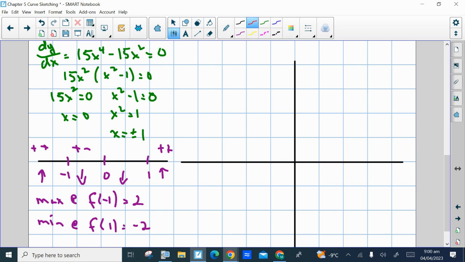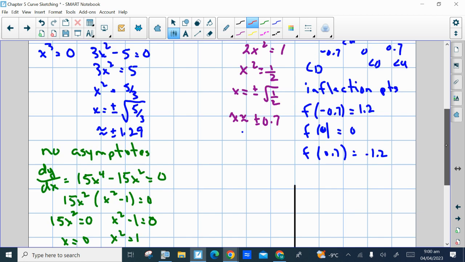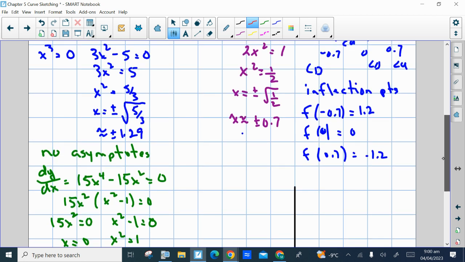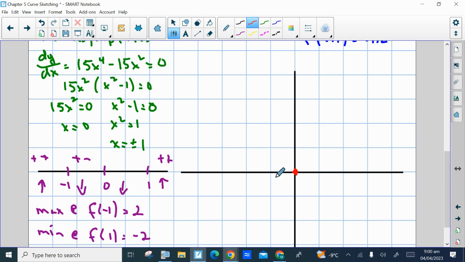So first we had x-intercepts at 0, plus and minus 1.29. Again, because the x-intercept is 0, that's our y-intercept as well. We had a maximum at negative 1, 2, a minimum at 1, negative 2.